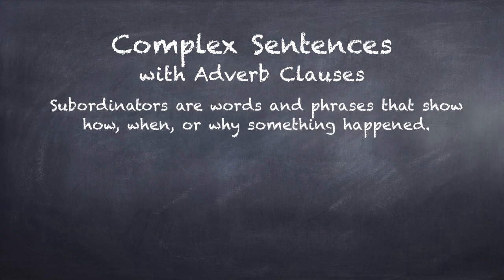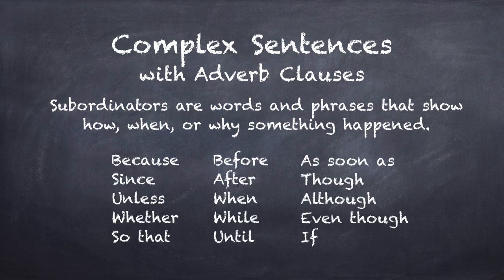What is a subordinator? A subordinator is a small word or phrase that shows how, when, or why something happened. Here's a list of some of the most common subordinators in English. There are many more, and you may find a longer list by searching for subordinators in Google or your favorite search engine.